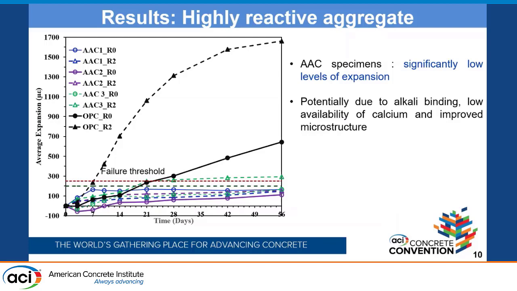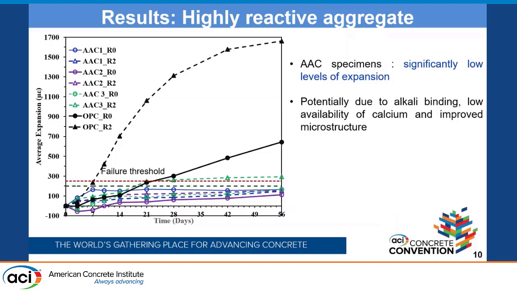We see a lot of mitigation shown by the alkali-activated concretes. If you look at the magnitudes of expansion, SPRAT with OPC showed as high as 1700 microstrains, whereas most of the alkali-activated concretes ended up in the region of less than 200 microstrains.